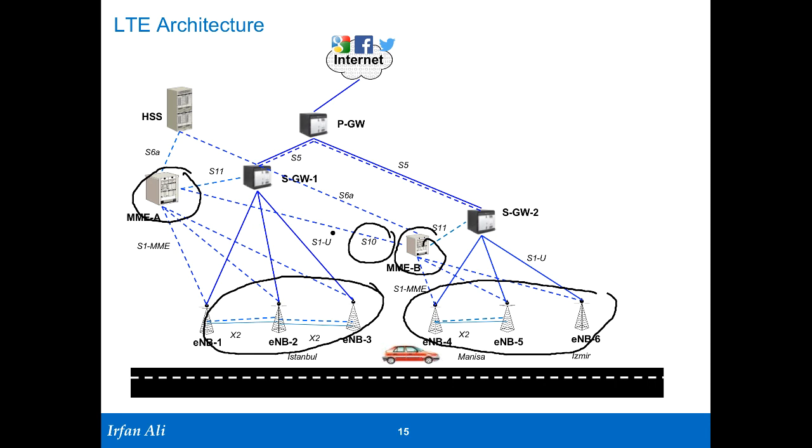This interface is used for providing signaling messages that this UE is coming from this base station to the next base station, so please handle it, and also authentication information about the mobile. So this includes both signaling for handover and also passing the user context.